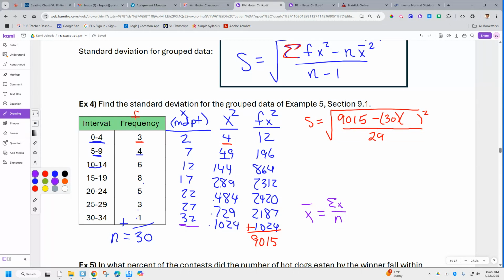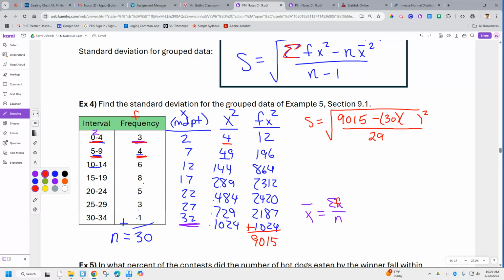We're not actually adding up the x numbers because, as you'll recall, this midpoint was 2, but there were 3 of them. So I guess what I should have said is we're going to add up f times x, because there are 3 of these numbers and there are 4 of these numbers, so it really needs to be the mean of f times x. Are we good there? I know I kind of misled you there for a second.